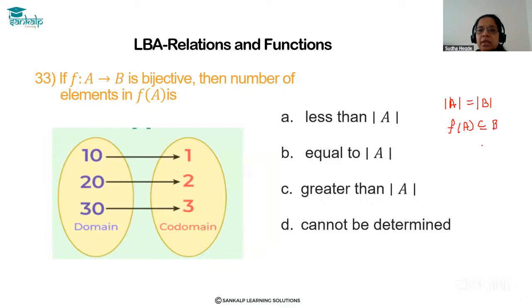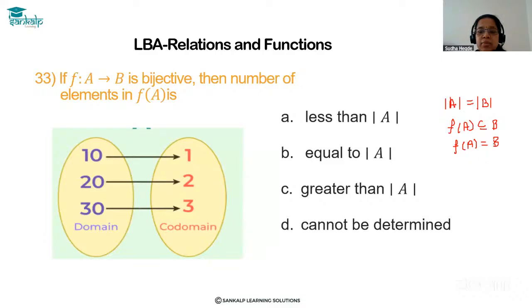Okay, but since the function is bijective, it is 1, 1 and onto. Whenever a function is onto, then f of A must be equal to B. Range must be equal to codomain.